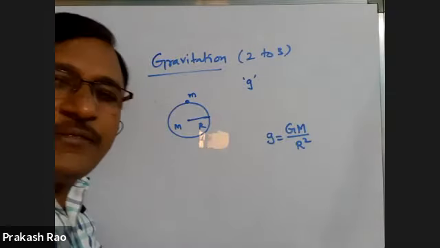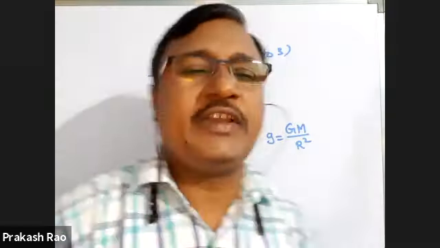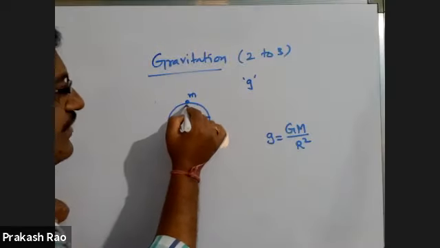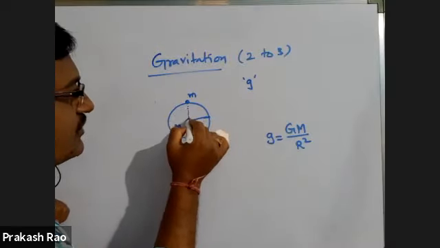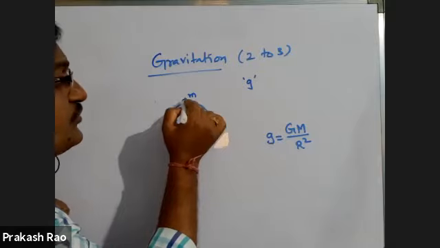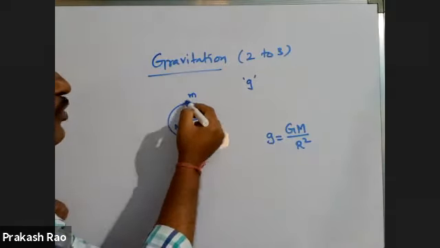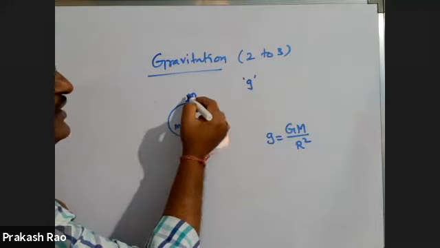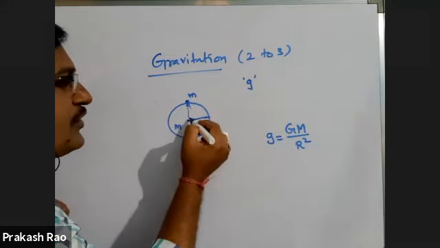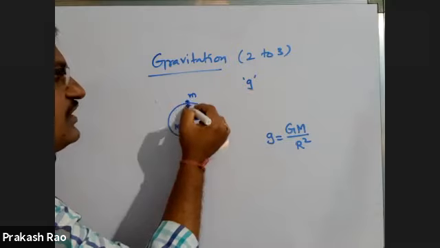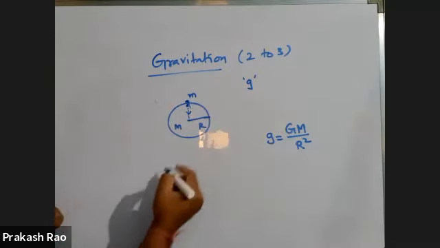Then the forces acting on the object are, one, the gravitational force on this body, which acts towards it, because the body will try to attract the earth. Gravitational force on the body acts towards it, and weight acts downwards.